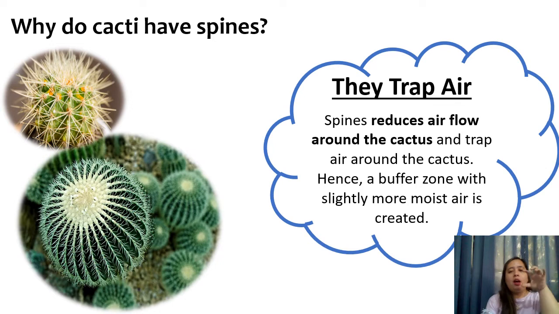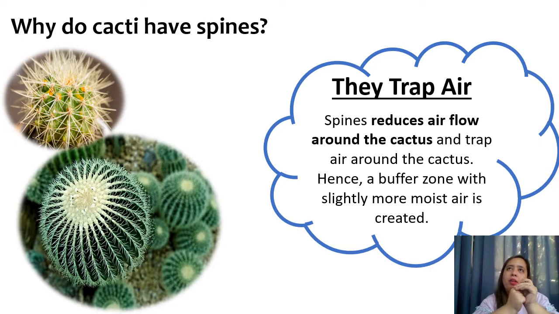What happens is, if this is the spine area and this is the body of the cactus, and you have spines to the point that there's air in between, this area between the flesh of the cactus and the spines becomes a buffer zone that is slightly moist.